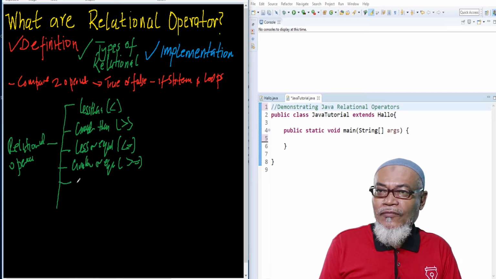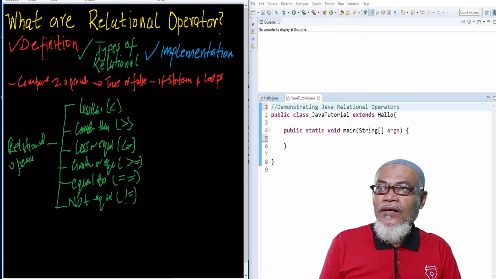Then we have equal to, given by two equal signs, and the last one, not equal, given by that symbol.